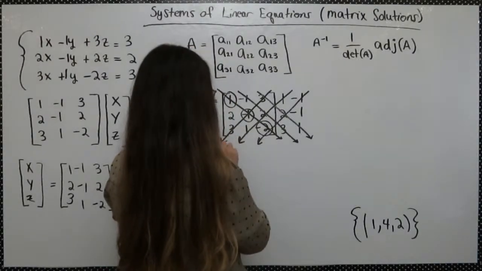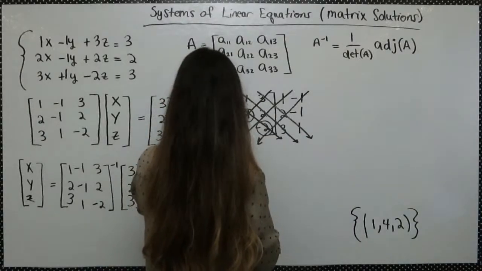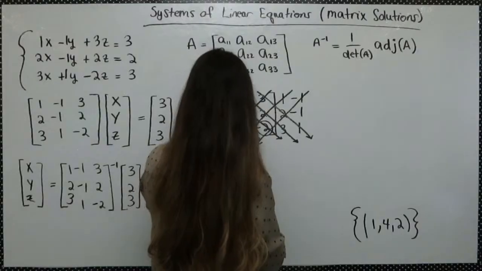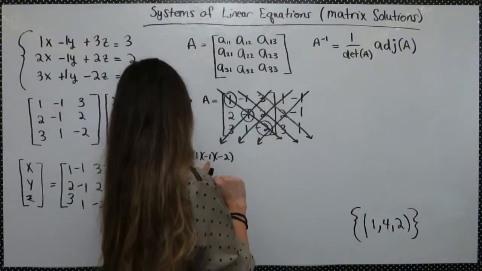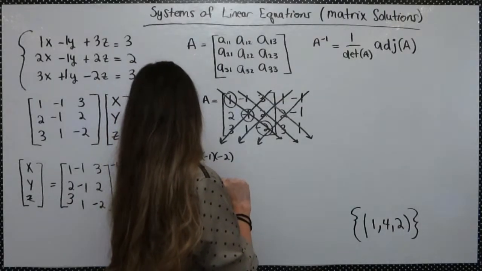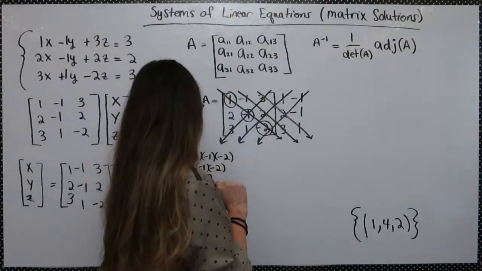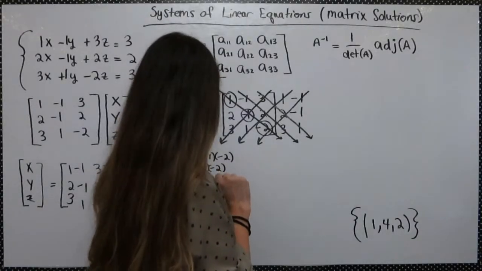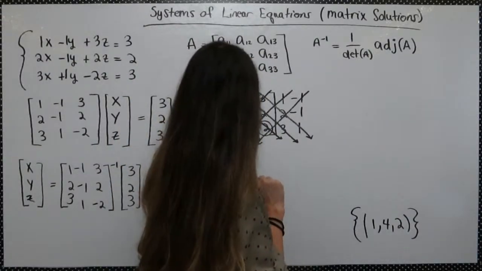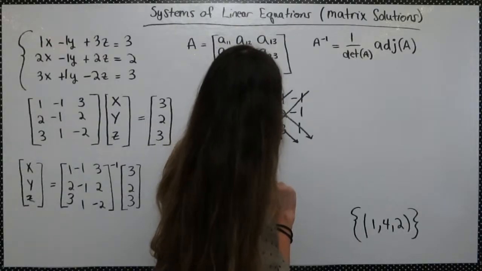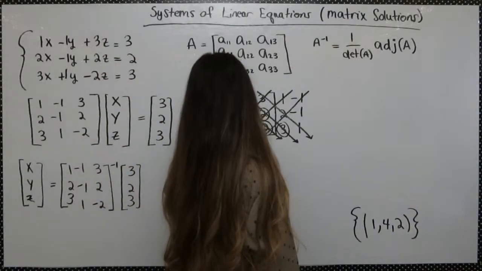So it's 1 times -1 is -1, times -2 equals 2. So we've got 2, and then we're going to say plus. Now we're going to do these: -1, 2, and 3.